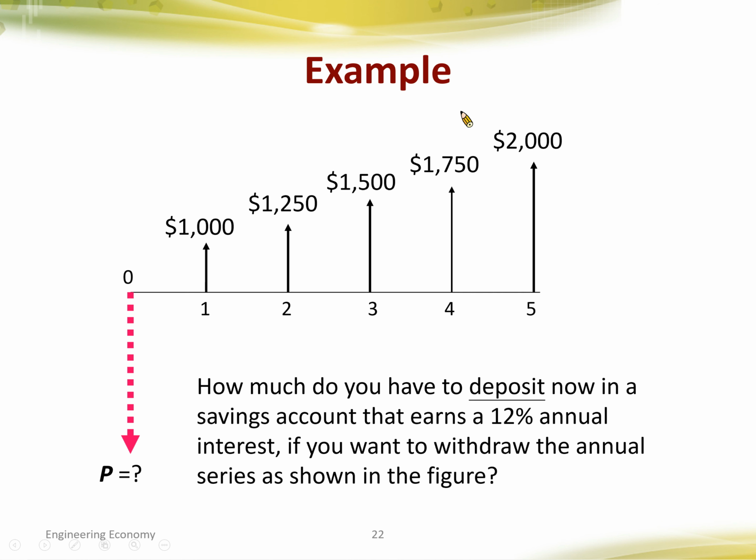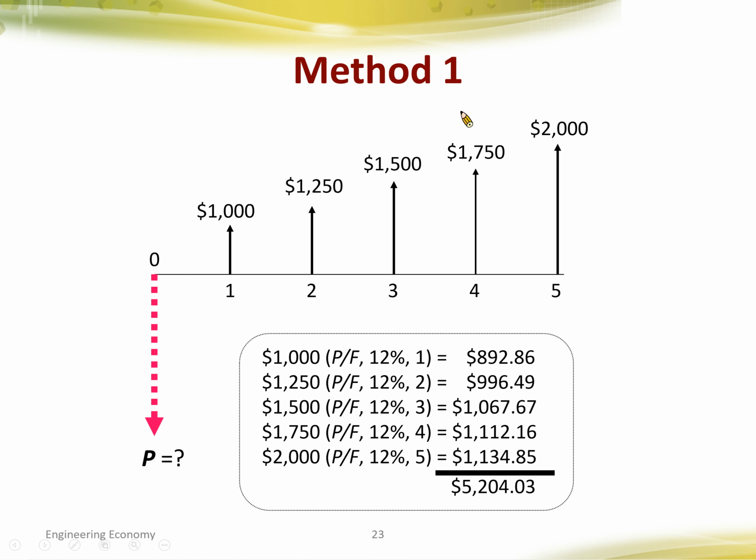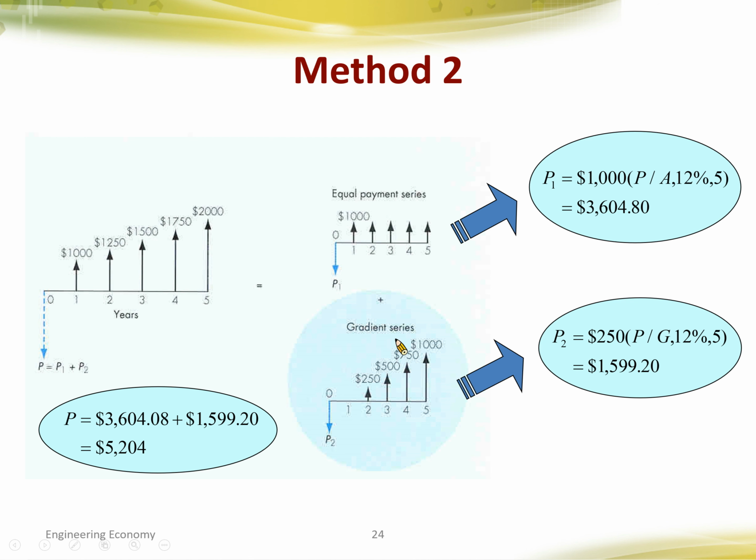Then we can combine these two present values to get the overall present value. If we think of it, we can still do this individual conversion, taking every single future value to the present value. So we compute 5 times, add them together, and we get 5204. If we use the previous method, we can break the cash flow into 2 series.